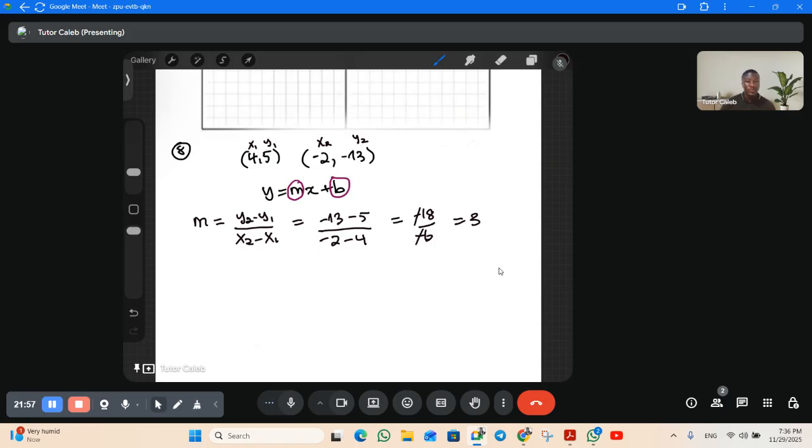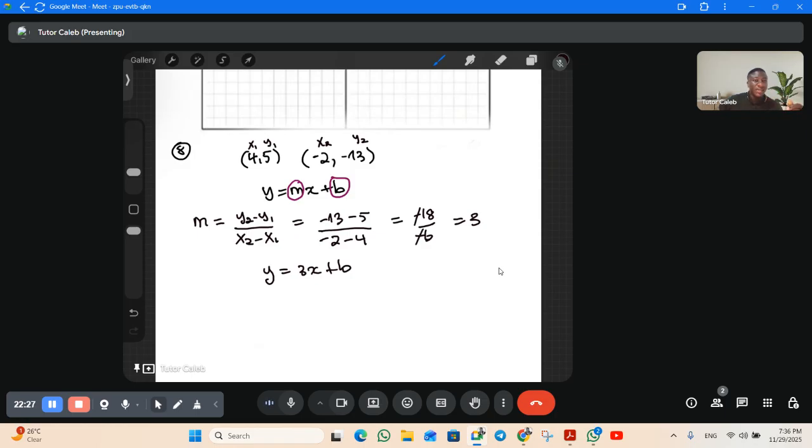Now I know the slope. The next thing is I have to find the y-intercept. Remember what we did in question 7 to find the y-intercept. We wrote the equation with the slope, y = 3x + b, and then we used the point that was given to us and replaced the x and y with that point.